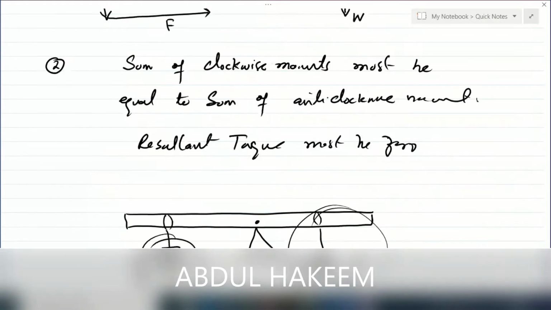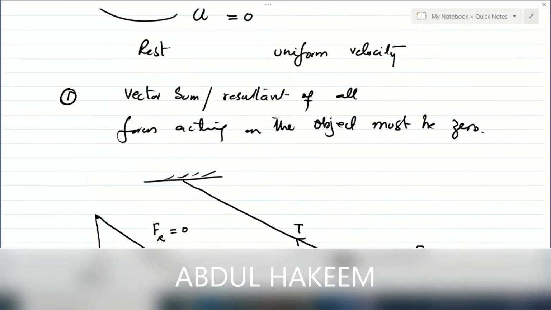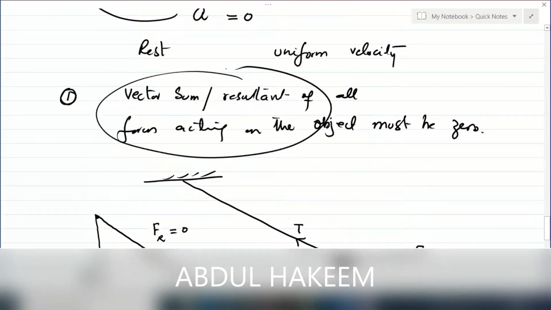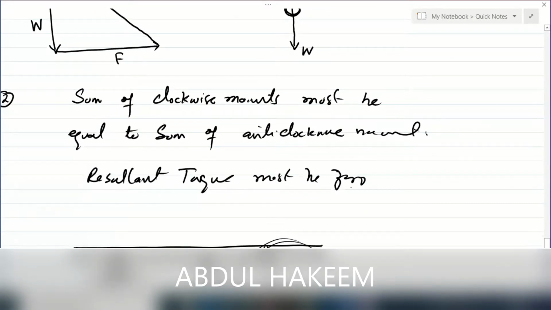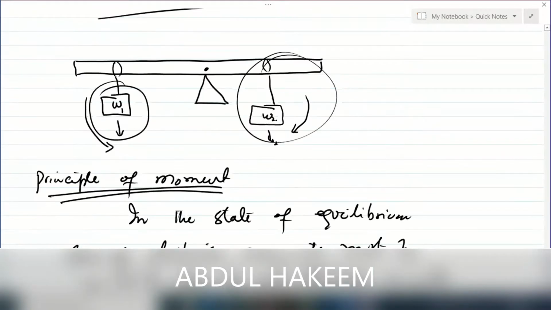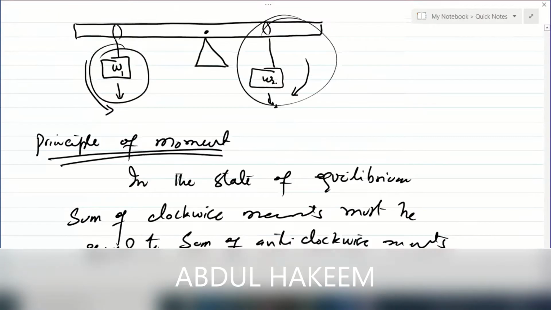So for the equilibrium, there are two conditions. The first is the vector sum of the forces must be zero. And the second, the resultant torque must be zero, which is also called the principle of moment.